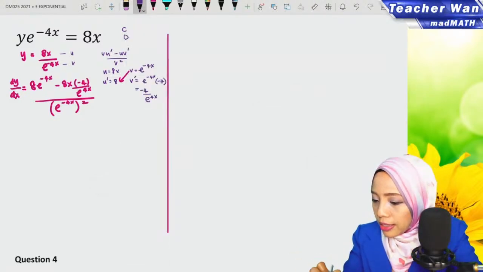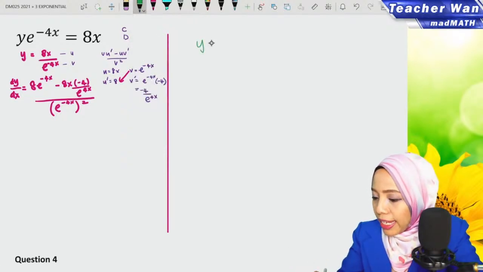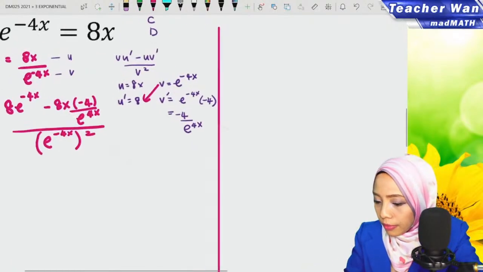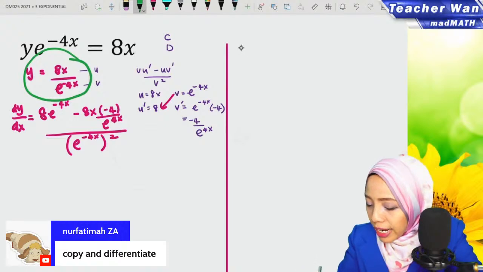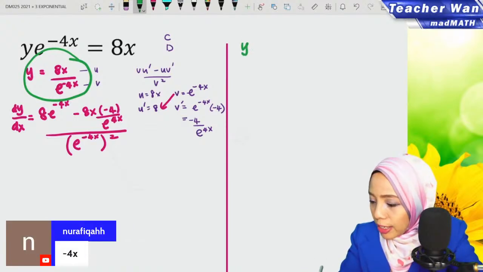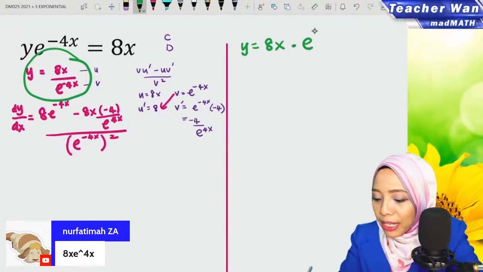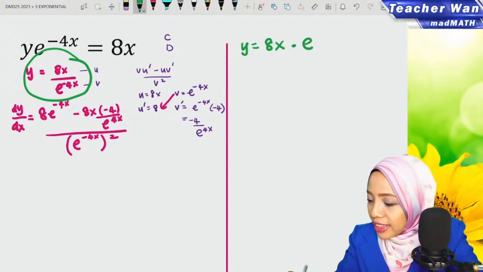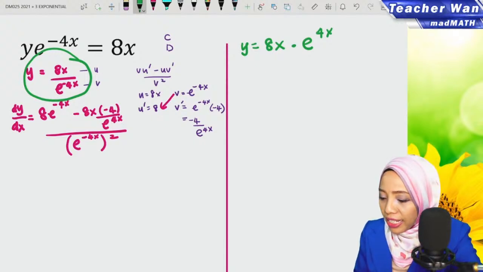Look at this green. So this function, we are going to write as y equals 8x multiplied with exponent. I put it up here, so the negative at the bottom earlier becomes positive. Okay? It's a lot easier.